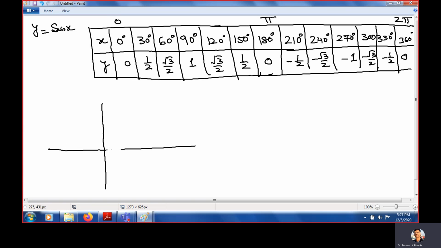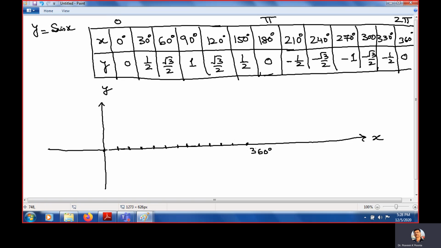We will mark the angles on the line here; this is the x-axis and this is the y-axis. So 0, 30, 60, 90, 120, 150, 180, 210, 240, 270, 300, 330 and 360.